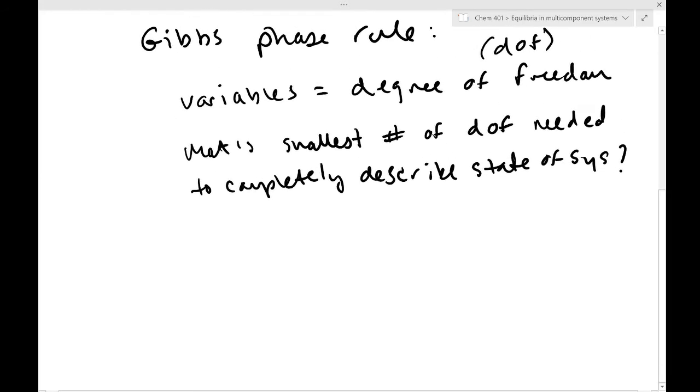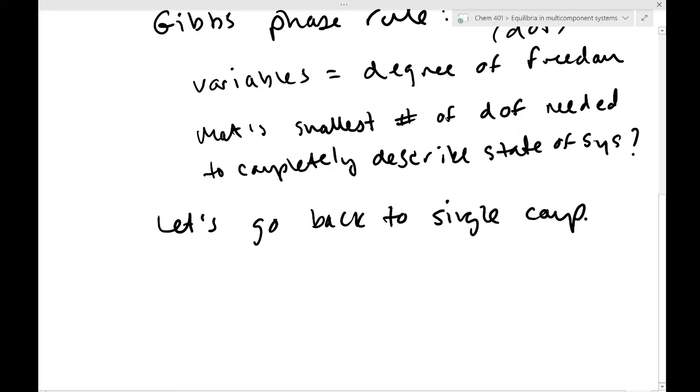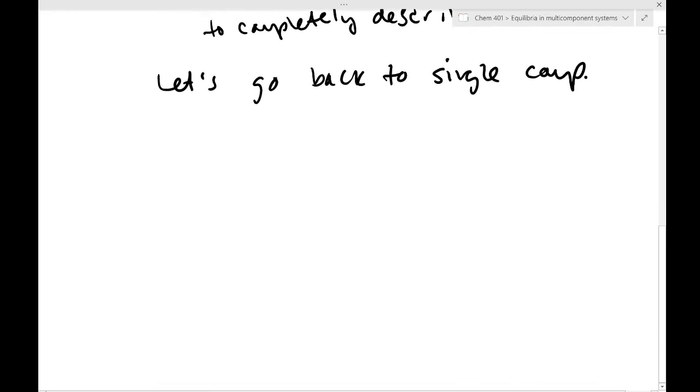I know that I said that we were doing multi-component, but actually I want to go back to single component for just a little bit. Let's look at the two-dimensional phase diagram for water.